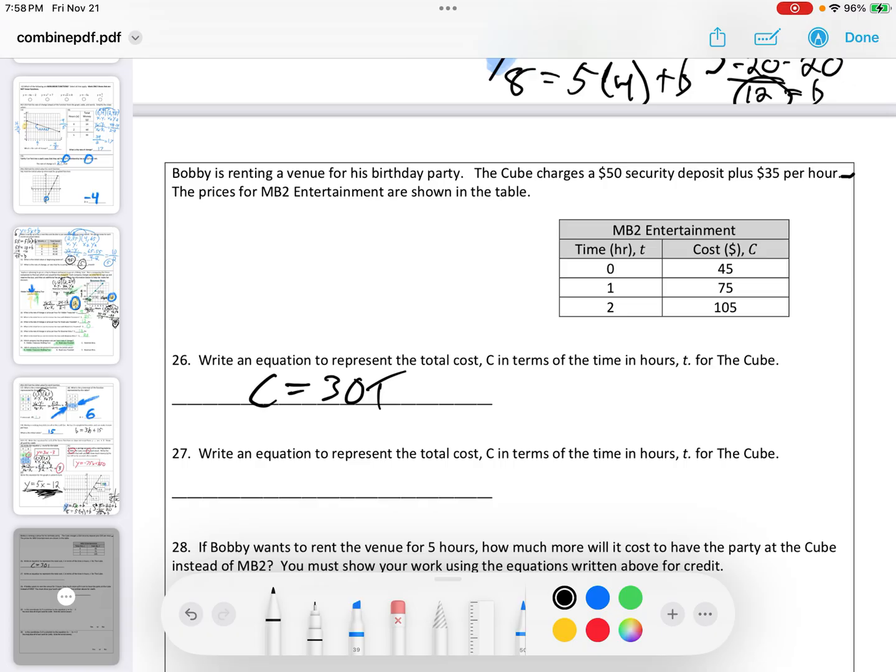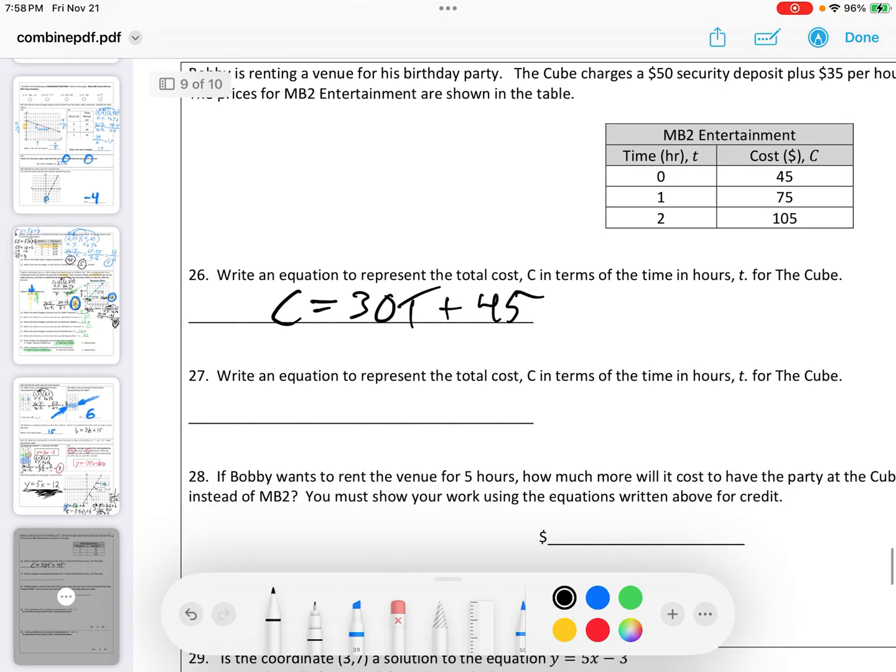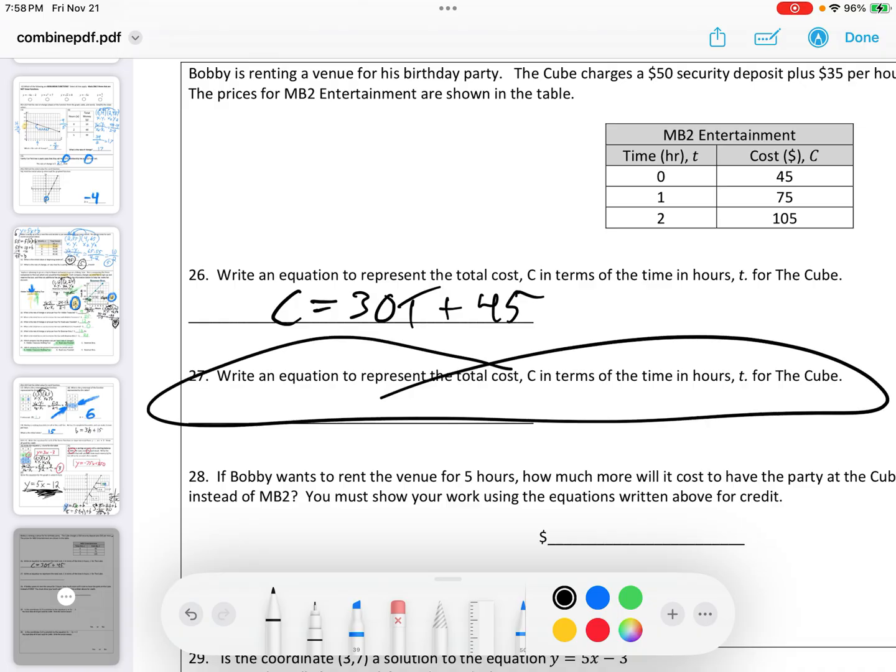I like writing capital T so it doesn't look like a plus. Start out with 45. Write an equation to represent the total cost C in terms of time in hours T. These are exactly the same questions.